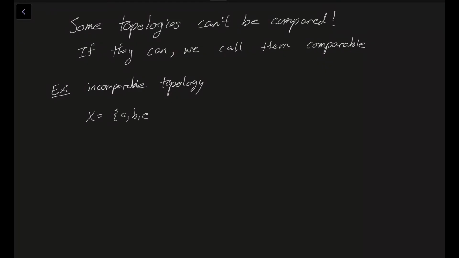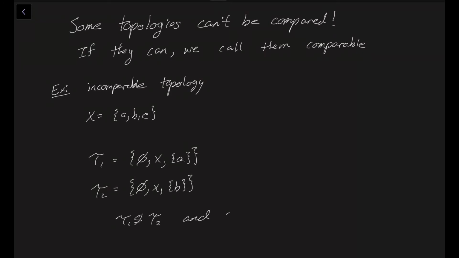We'll take as tau 1 the empty set, X, and the singleton a. And for tau 2, we'll take the empty set, X, and the singleton b. Now, tau 1 is not a subset of tau 2, and tau 2 is not a subset of tau 1. Therefore, we can't compare them, so they're incomparable.